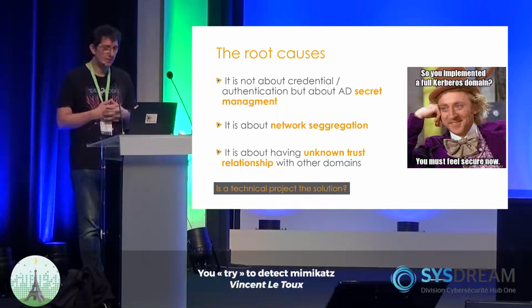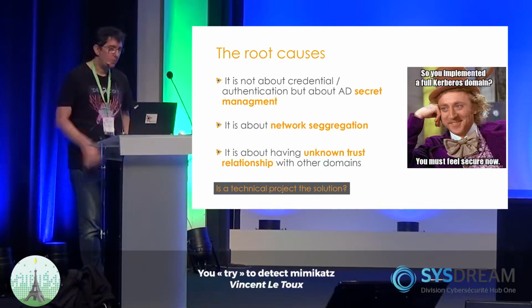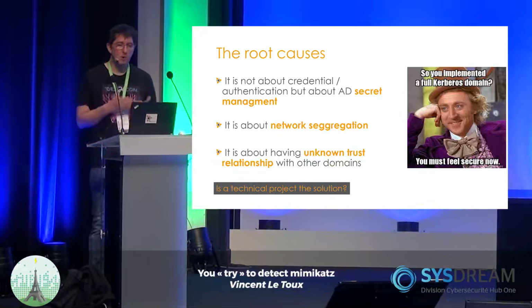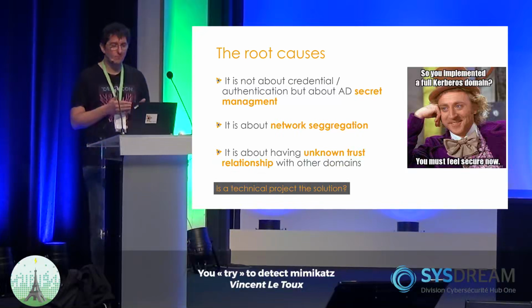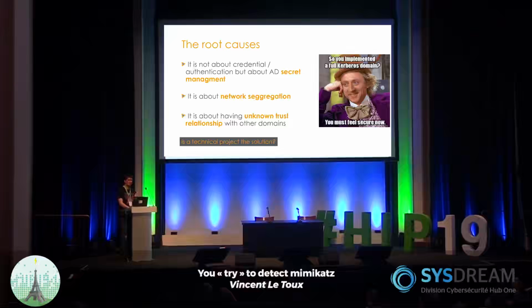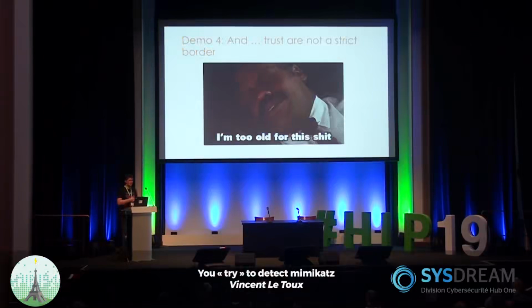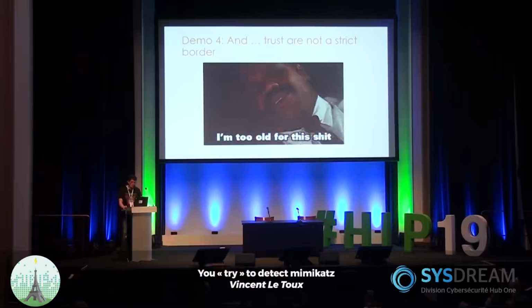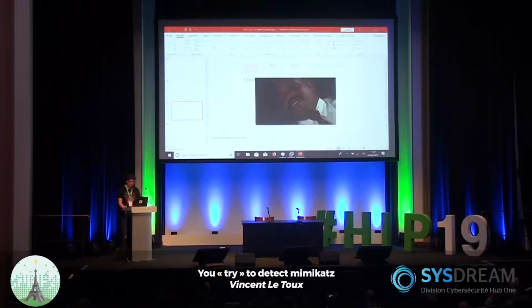And the last but not least, it's more about having an unknown trust relationship with domains. You may be surprised that there are only a few companies which know how many domains they have. So I think the Active Directory problem is much wider than that, and I don't think a SIEM can be a good protection. And I'm going to demonstrate it to you.